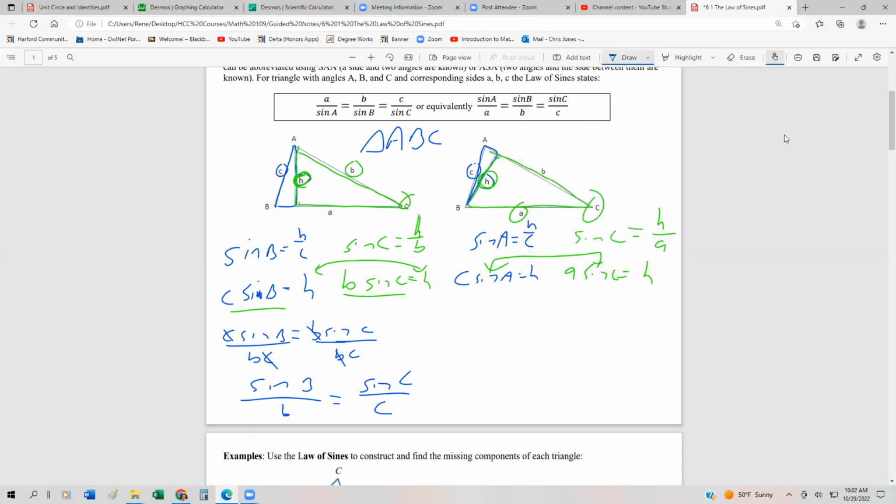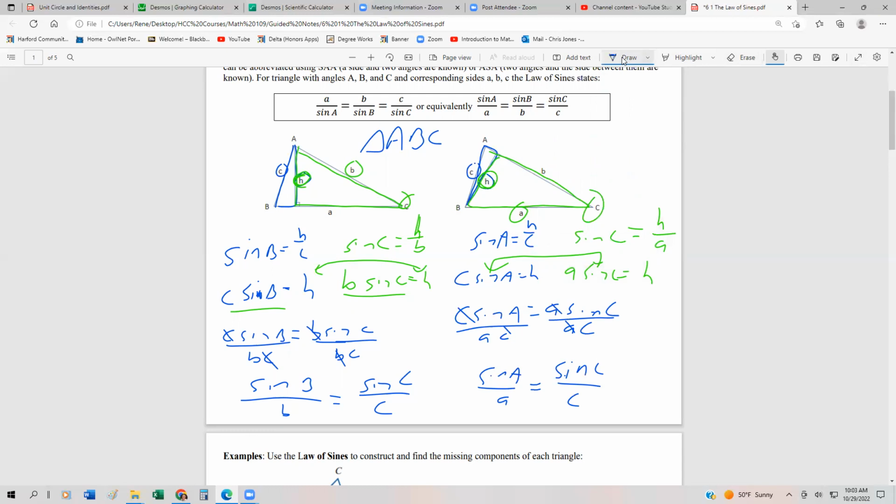We get C sine A is equal to A sine C. I can divide both sides by AC, and the C's cancel out. I'd have sine A divided by A, and then the A's cancel out, and I have sine C divided by C. Notice that sine C over C is also equal to sine B over B.